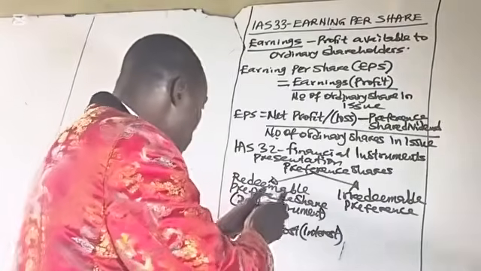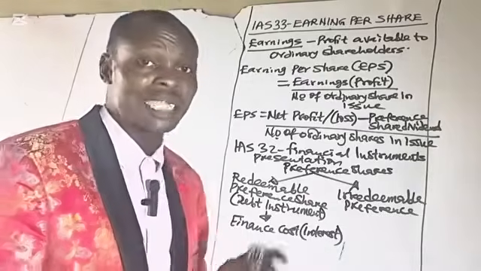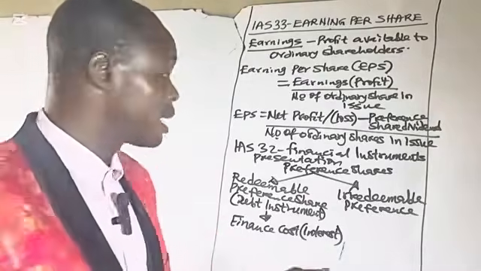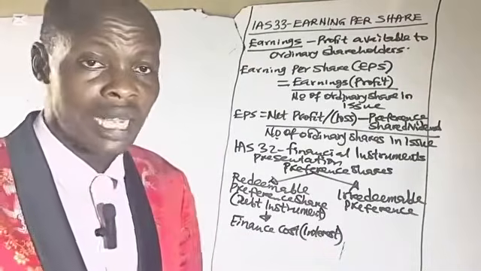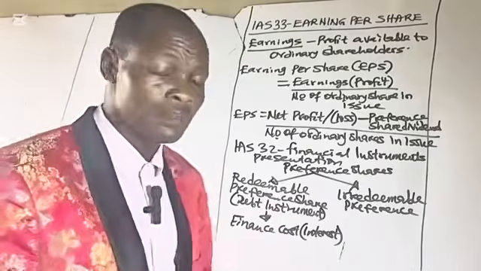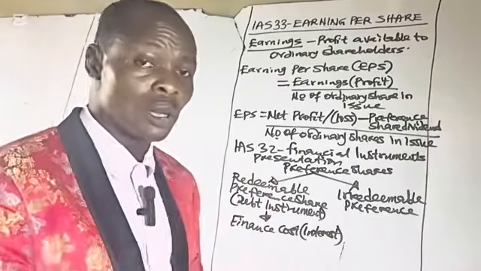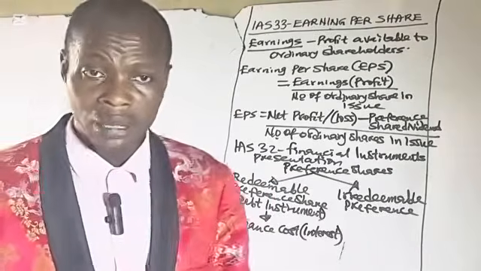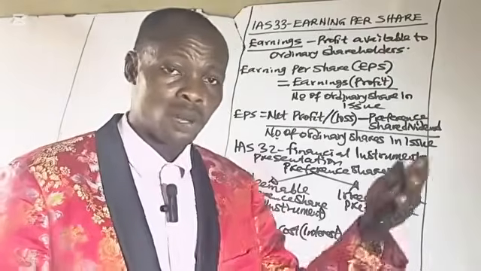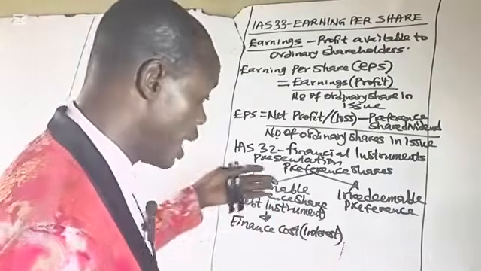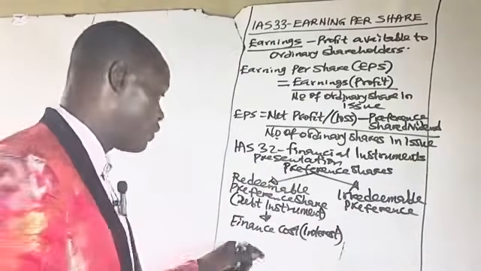If redeemable preference shares is a debt instrument, its dividend will be treated as finance cost. If you go by the format for published financial statements in accordance with IAS 1, we start with the revenue, cost of sales, that gives you gross profit. Then you consider your distribution cost and administrative expenses, you arrive at the operating profit, before you consider other income and interest, your finance cost, in order to get the profit before tax.